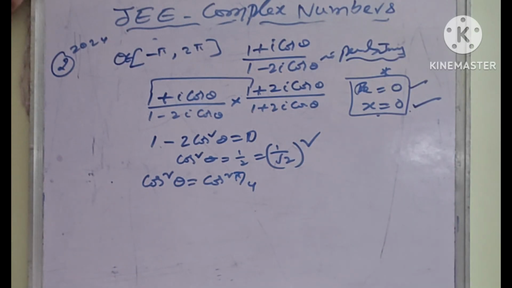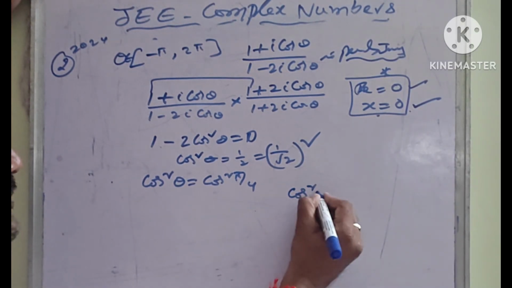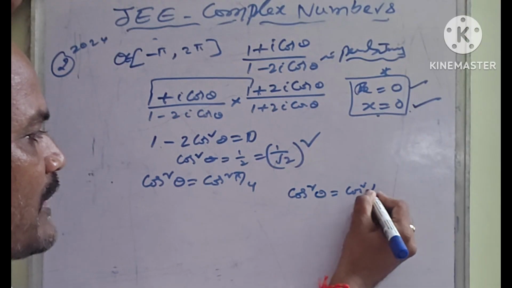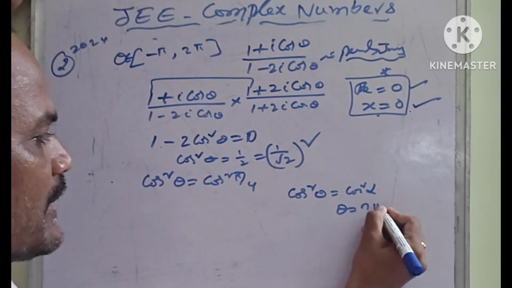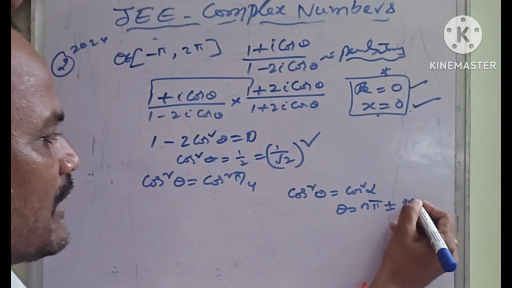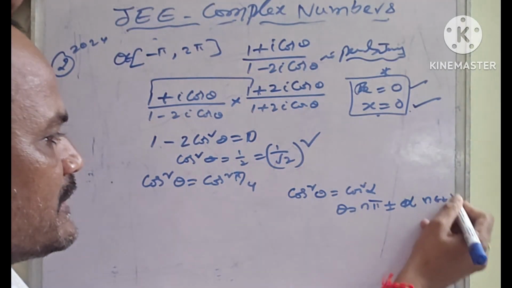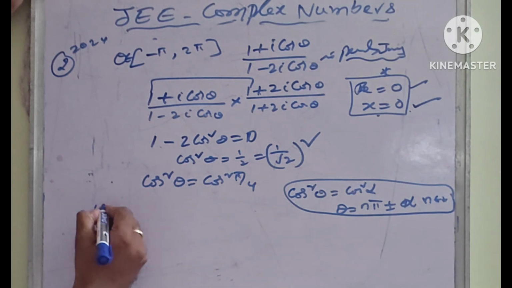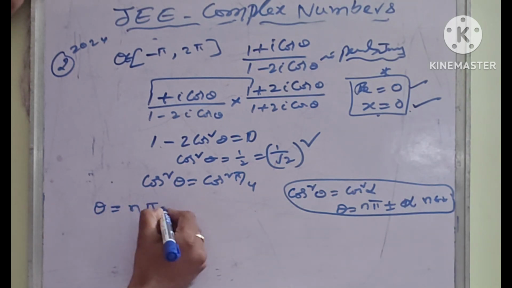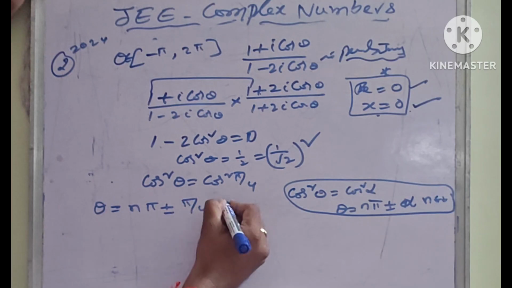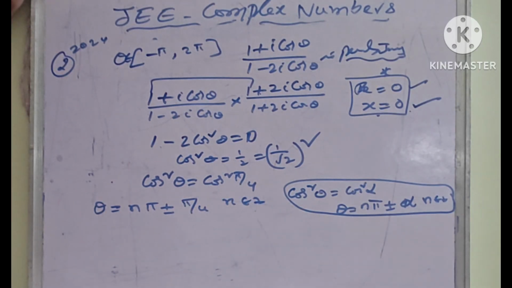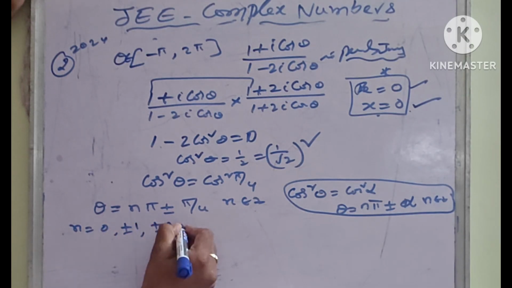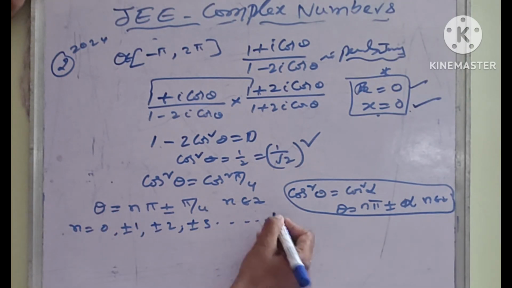We know the trigonometric equations: if cos square theta is equal to cos square alpha, then theta is equal to n pi plus or minus alpha, n belongs to integers. This is the trigonometric equations formula. Apply this one, then theta is equal to n pi plus or minus pi by 4, n is an integer. So n is equal to 0, plus or minus 1, plus or minus 2, plus or minus 3. So substitute the integers.